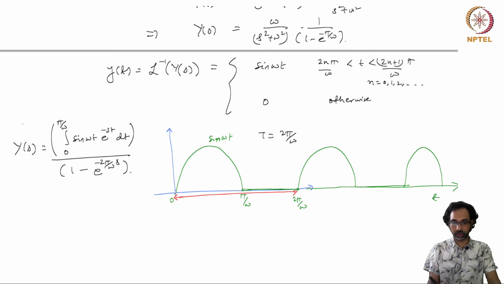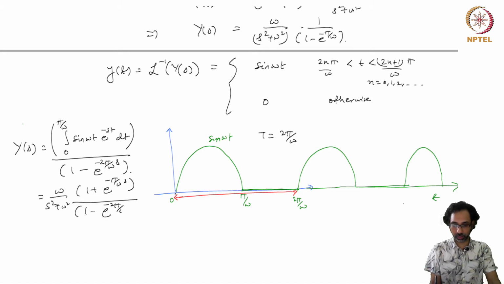the numerator upstairs is given by omega by s square plus omega square times 1 plus e to the power minus pi by omega times s, divided by 1 minus e to the power minus 2 pi by omega times s. So here if you take e to the power minus pi by omega s as alpha, this is 1 plus alpha and this is 1 minus alpha square.